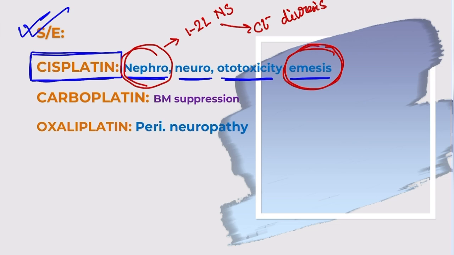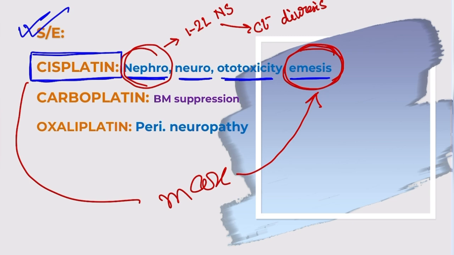because all anti-cancer drugs cause more or less nausea and vomiting. That is emesis, more or less. But cisplatin causes maximum emesis.